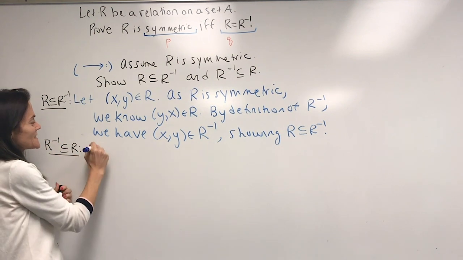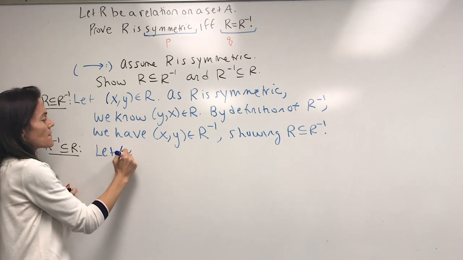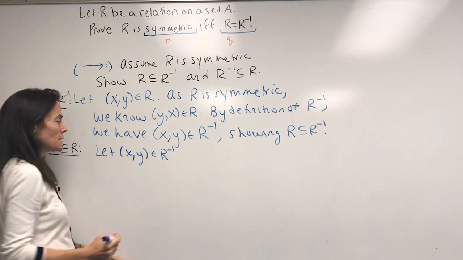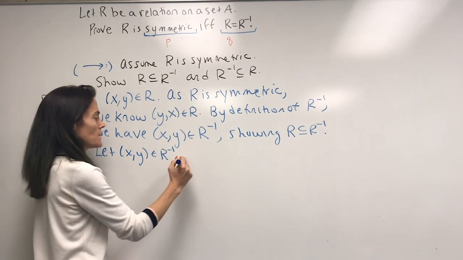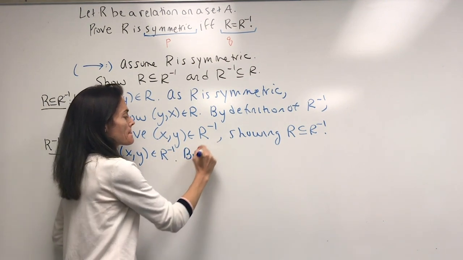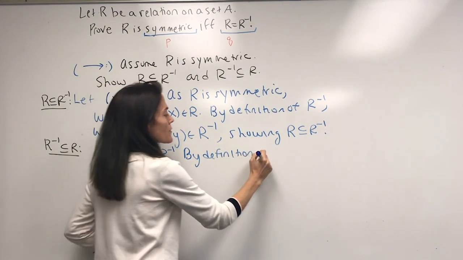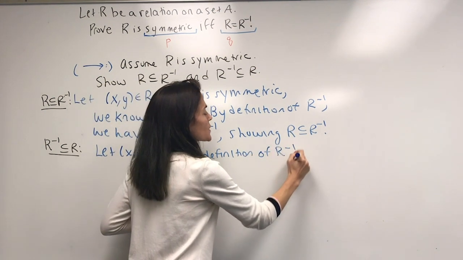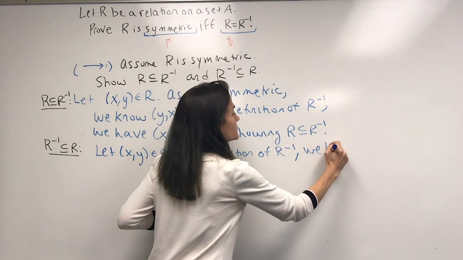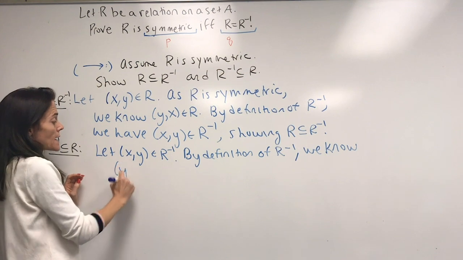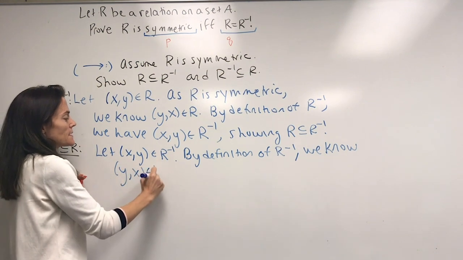So here we just take a pair in R inverse, and then by the definition of R inverse, we know that if you flip it, y x is in R.